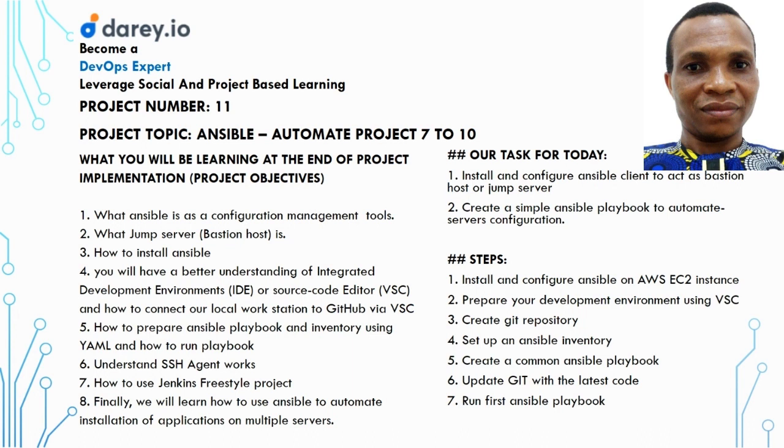We also learn how to prepare an Ansible playbook and inventory using YAML and how to run a playbook. We also understand how SSH agents work, and how to use Jenkins freestyle projects. And finally, we will learn how to use Ansible to automate installation of applications on multiple servers.